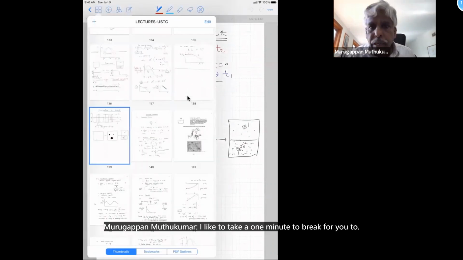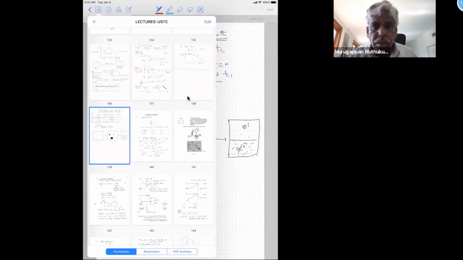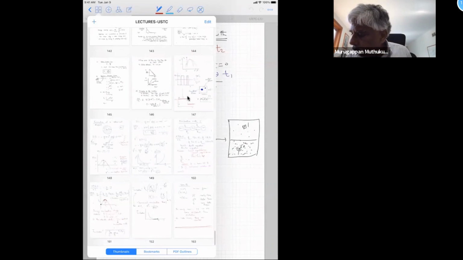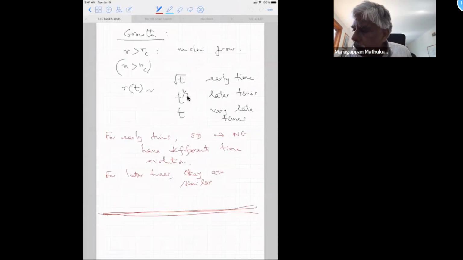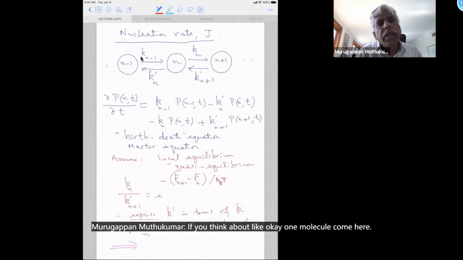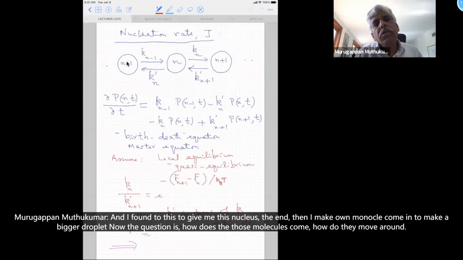I'd like to take a 1 minute break for you to think through a little bit. And then while you are thinking, I'd like to emphasize: if you think about, okay, one molecule comes here and adds on to this to give me this nucleus N, then I make one more molecule come in to make a bigger droplet.